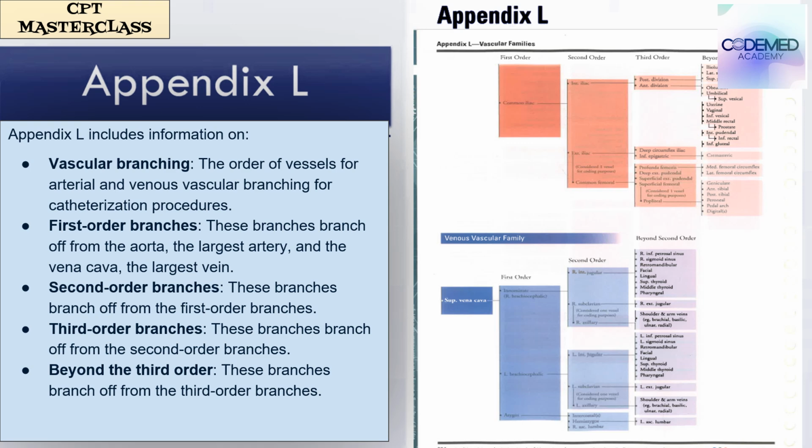And again, in the professional edition, they have used color coding. The color red denotes all the vascular vessels above the diaphragm, and the color blue denotes all the vessels below the diaphragm. This is a very important appendix. When we go to the CPT cardiology, I will talk in more detail about this appendix.